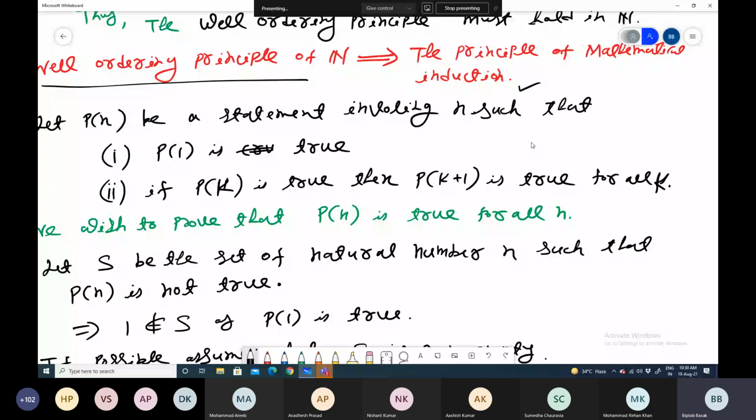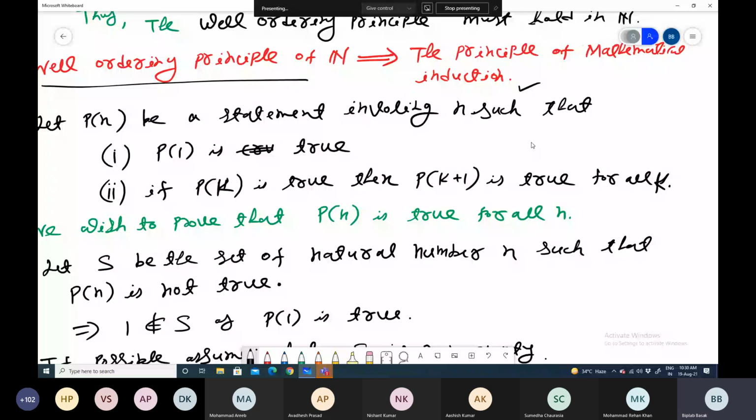Now here we are proving the principle of mathematical induction, right? So we are not using the principle of mathematical induction. We are proving that. Now, when we solve a problem, we have to prove that this is true, this true, and this true, and then we can say that Pn is true.